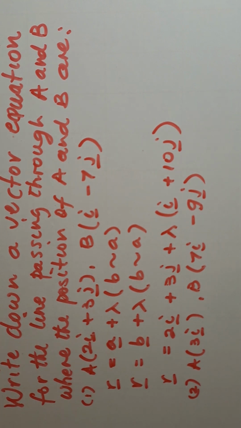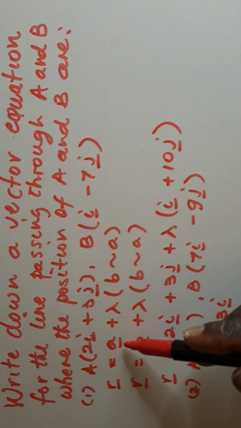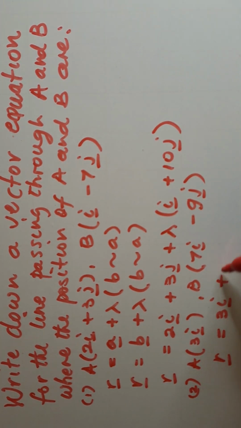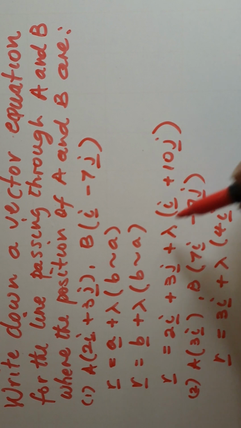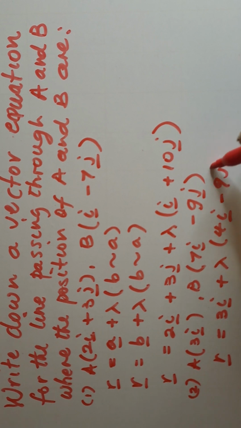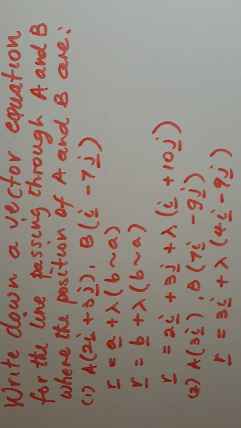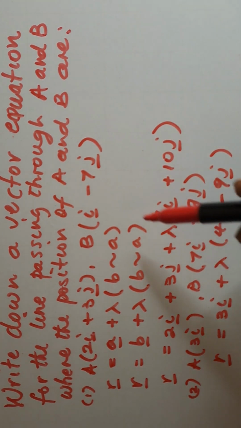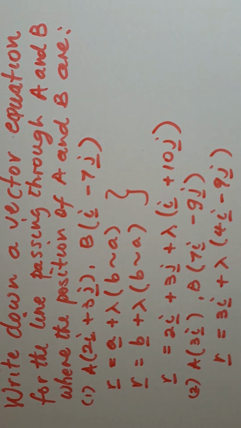And this gives us r equal to 3i. You can see already I'm using this form. Add lambda into 4i minus 9j. I'll let you work out whether it's b minus a or a minus b. And just to recap, the four forms produced by these two structures, or two formulas, are all valid.